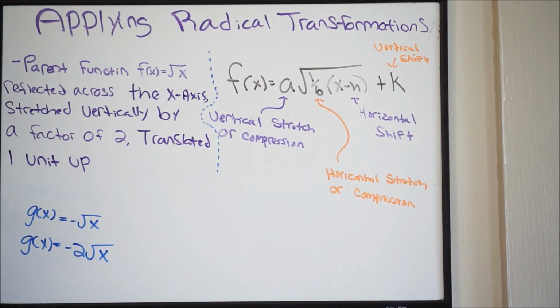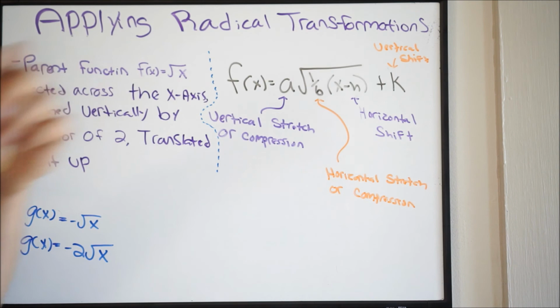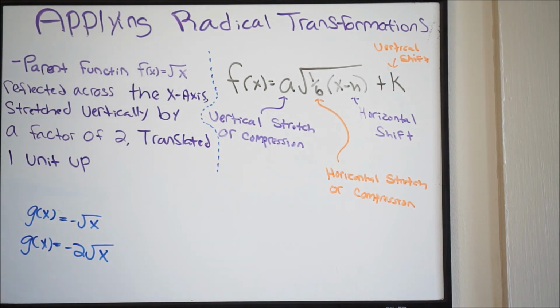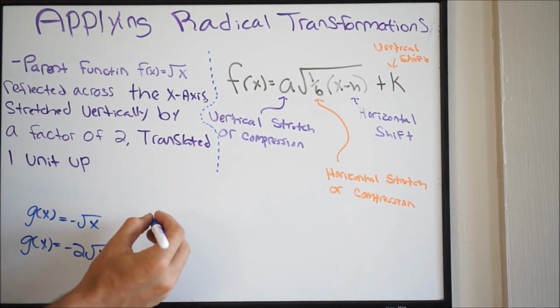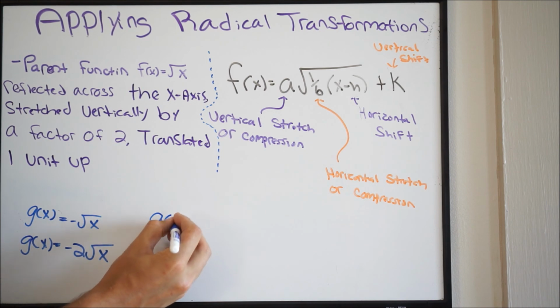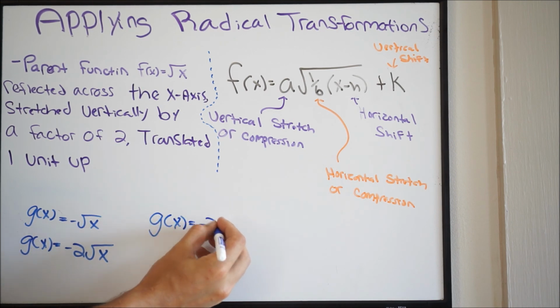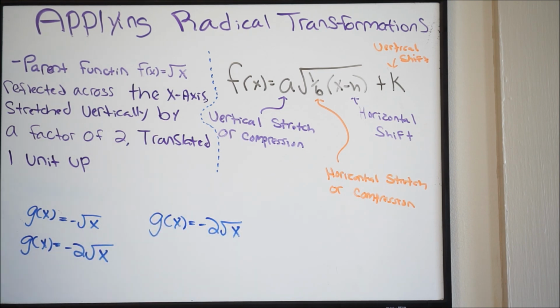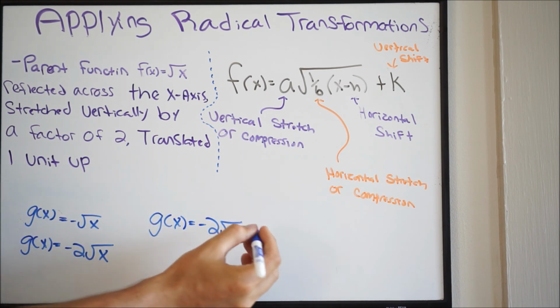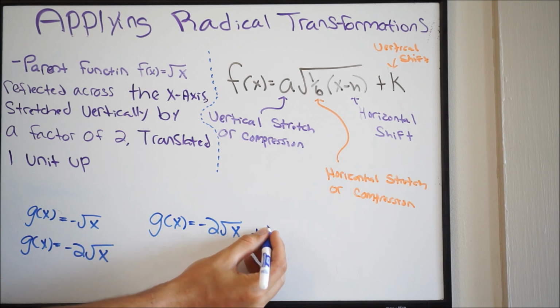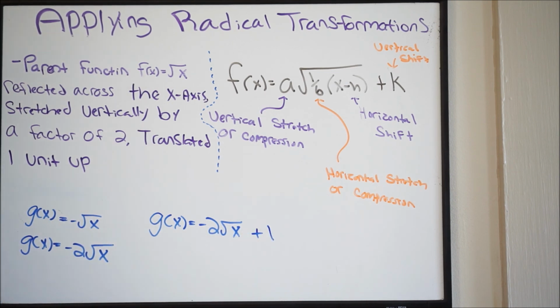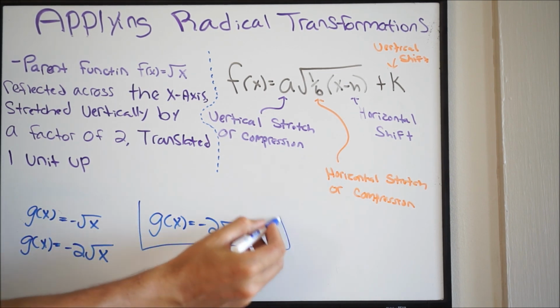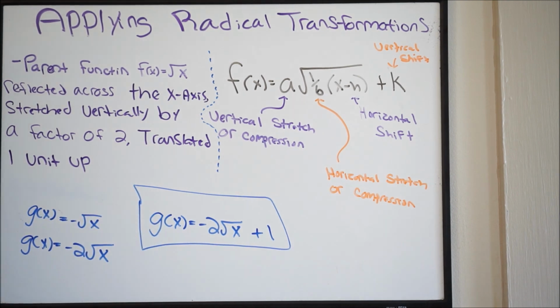Translated 1 unit up, so that's our k value. But notice how it's not underneath the radical. That's important. So we'll have our final answer here of g of x equals negative 2, and then the square root of x. And then make sure it's not underneath the radical, we're going to put plus 1. And this answer is now complete. So that's how you go about applying radical transformations.